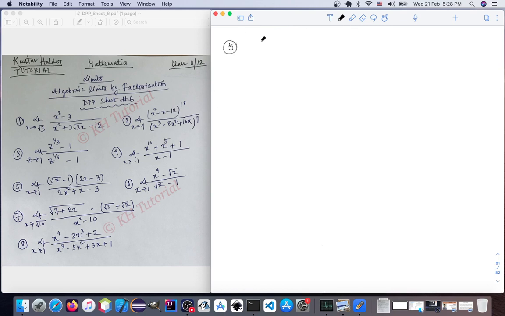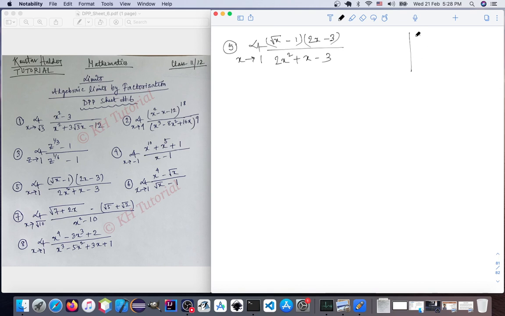It says limit x tending to 1 of (root x minus 1)(2x minus 3) divided by (2x square plus x minus 3).